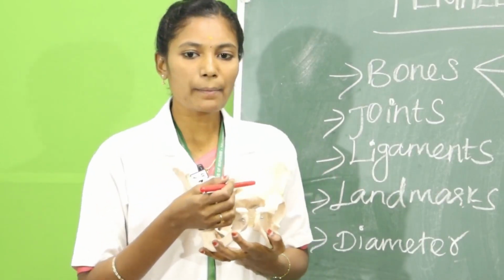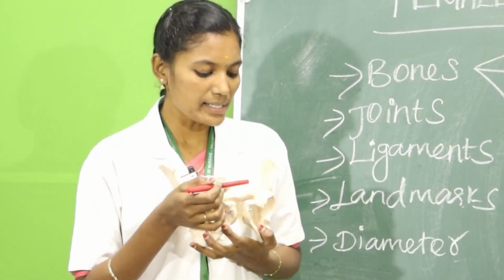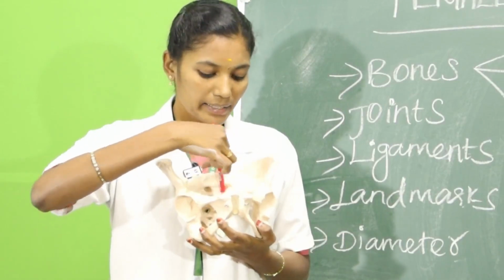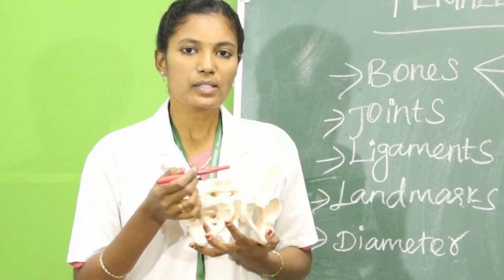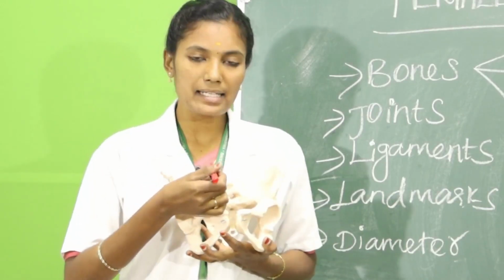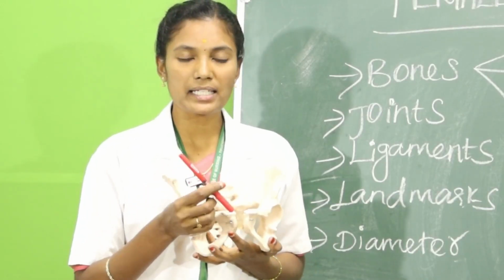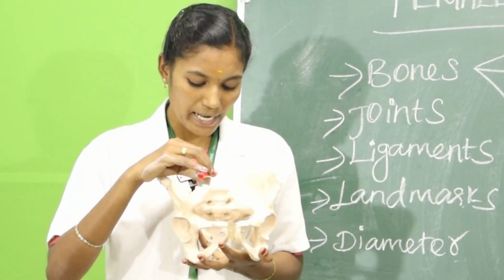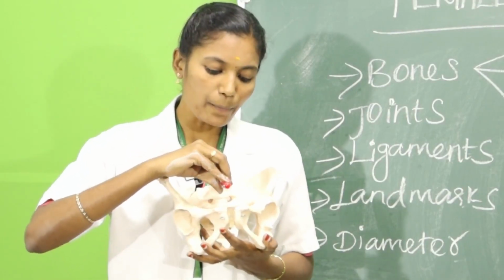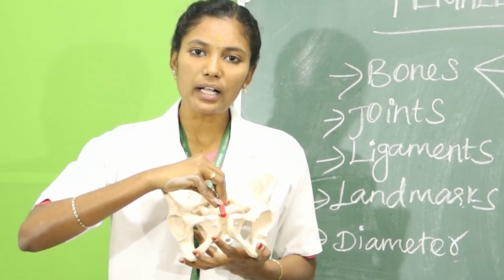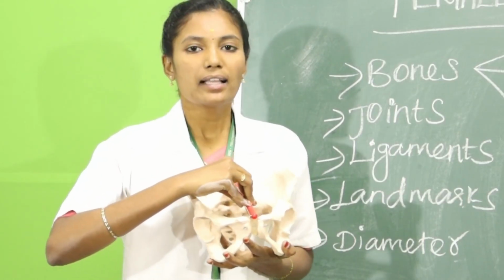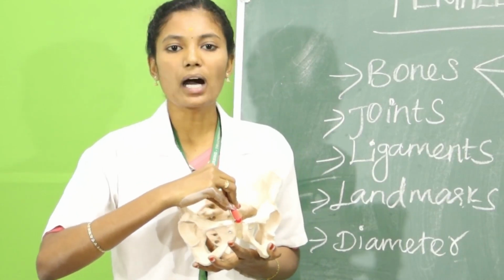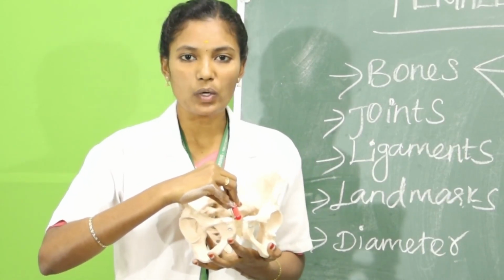Next are the diameters. We have three divisions: inlet, cavity and outlet. First is the inlet, with the antero-posterior diameter, from the sacral promontory to the upper border of the symphysis pubis. It has three divisions: anatomical conjugate, obstetrical conjugate and diagonal conjugate.